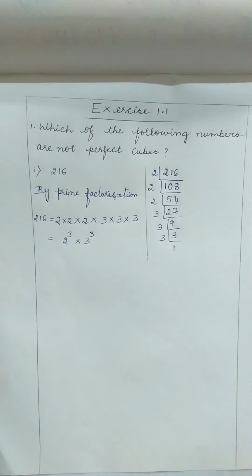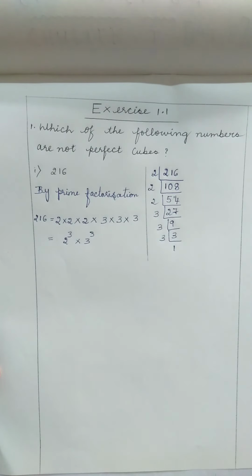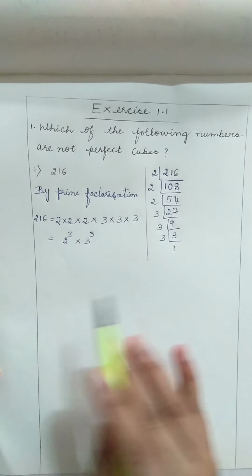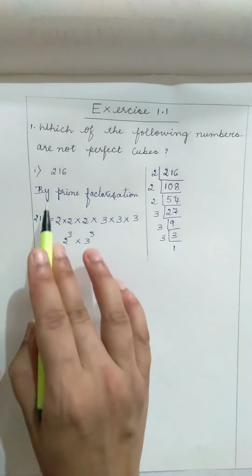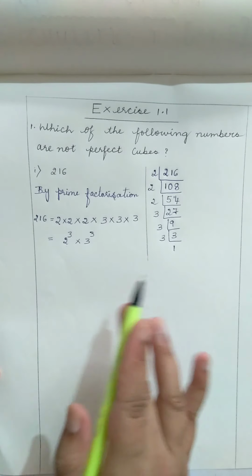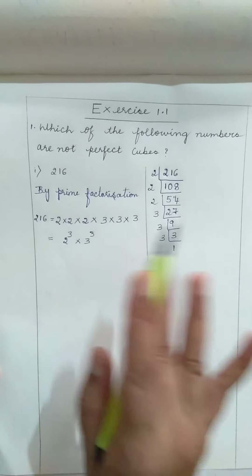Therefore, if in the prime factorization of any number, each factor appears 3 times, then the number is a perfect cube. So in the prime factorization of 216, the factors 2 and 3 have been repeated 3 times.